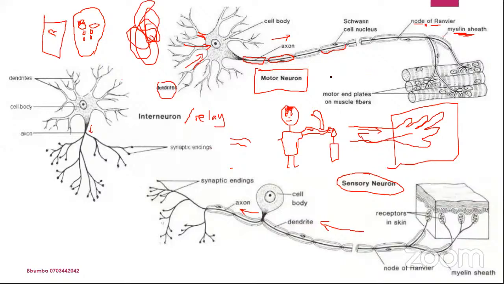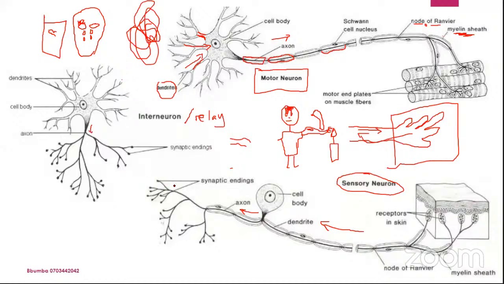Okay, let me explain to you the function. The purpose why I do not want to explain the function of these synaptic endings in detail is that it's a little bit complicated for now since we are just beginning the topic, but let me give you an insight. When an impulse comes from the sensory receptor, it is not by magic that it crosses from the sensory receptor to the relay neuron. There is a gap in between.